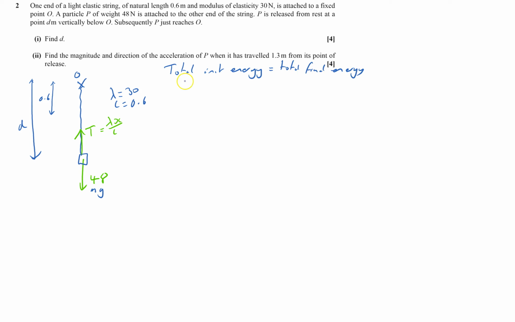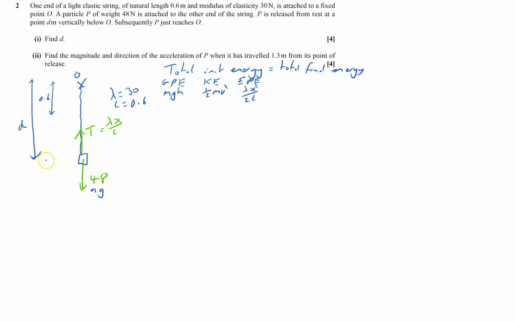And this energy is going to be made up of potential energy, I suppose gravitational potential energy, kinetic energy, and elastic potential energy. Formulas: mgh, half mv squared, and lambda x squared over 2l. That's my formulas.